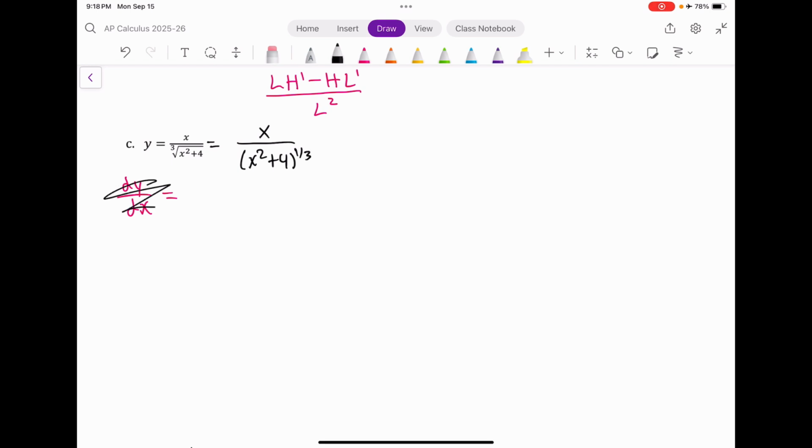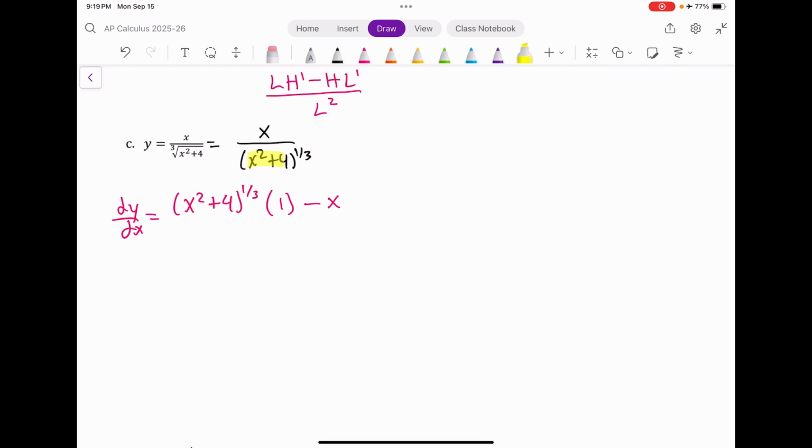Okay, so give myself space. Okay, so dy dx is going to equal the low function times the derivative of the high function, which is 1, and then minus the high function, and then times the derivative of the denominator, right?